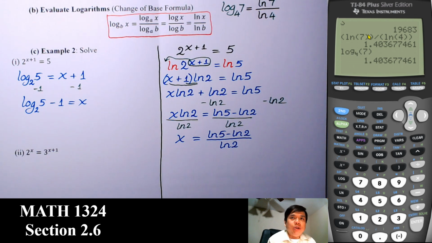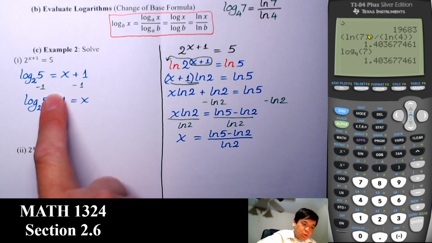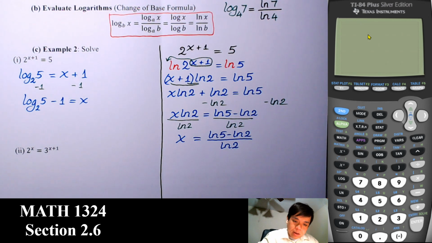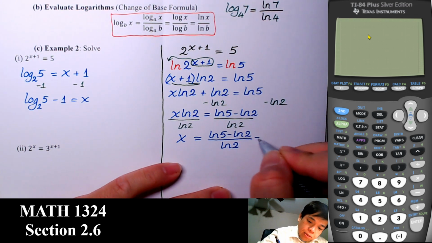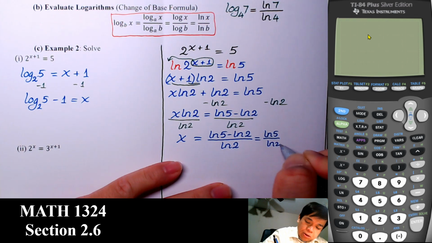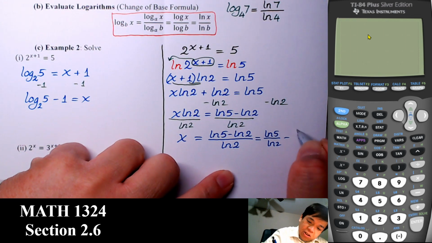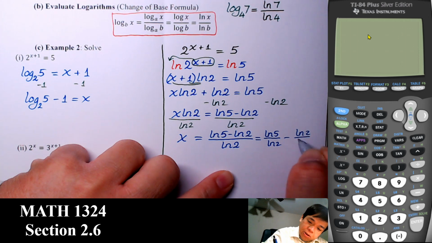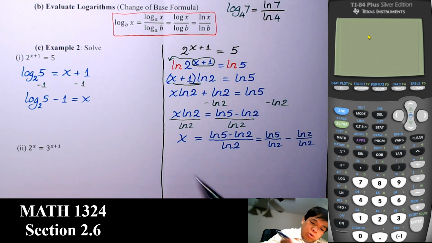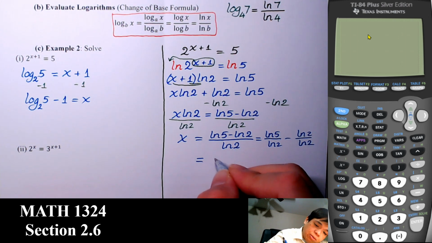Of course, one way to confirm that is to put that in the calculator, and you get the same thing. But another way to do this, we have ln of 5 over ln of 2. We just split this. And now ln of 2 over ln of 2 is just 1.